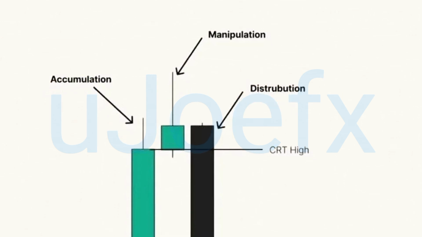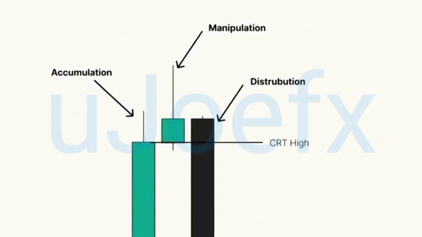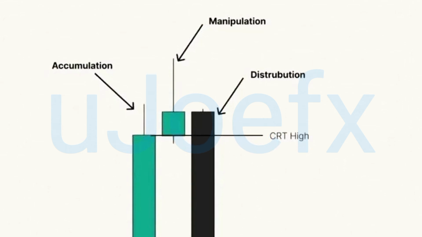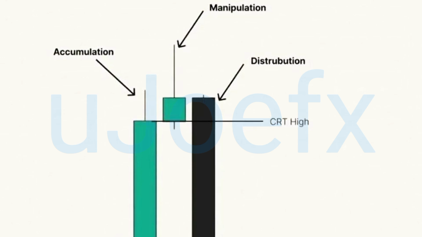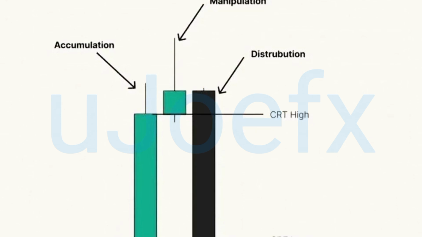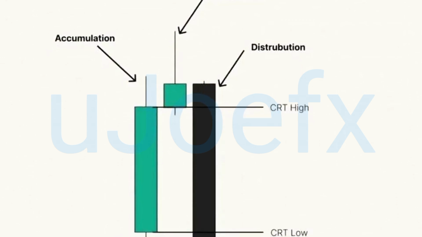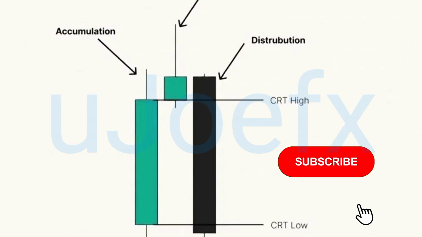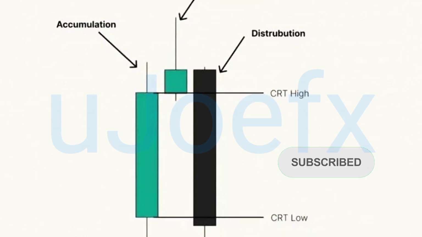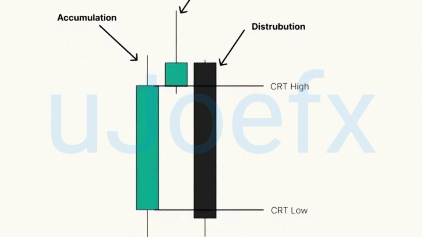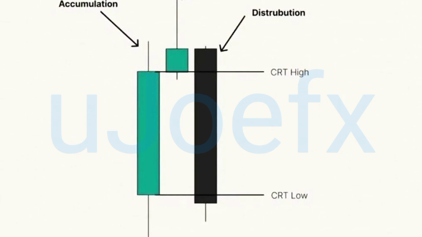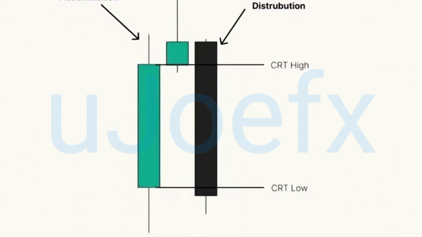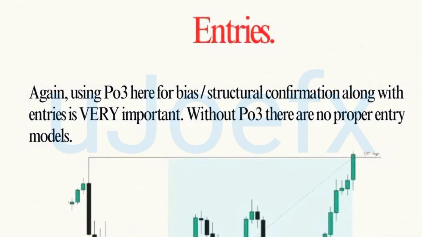For a CRT model, we all know that when a candle sweeps above the previous high and shows rejection, at that point we should be looking for the opposite direction of that particular candle. It is very important to understand that the opposite direction of that candle becomes the distribution, as you can see on your screen. So we have the CRT high and the CRT low. Mind you, I'm talking about the candle range theory, so this is very important.